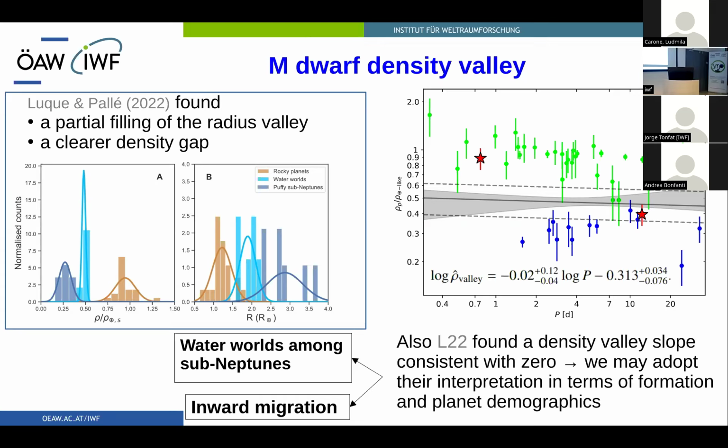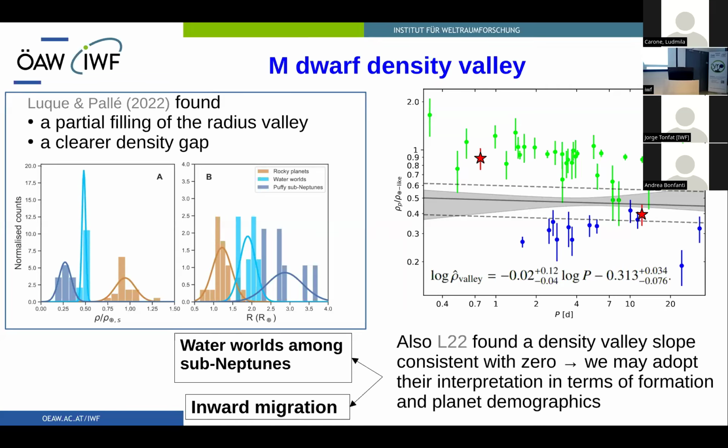But rather, if you build the same histogram in the density plane, then there's a much more clear differentiation between the sub-Neptunes, either with a hydrogen-helium envelope or a steam world, and the rocky planets.